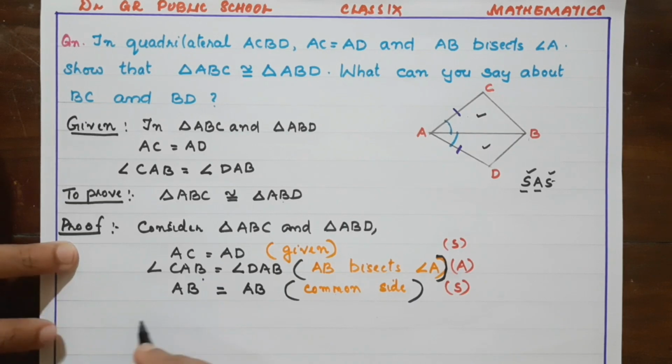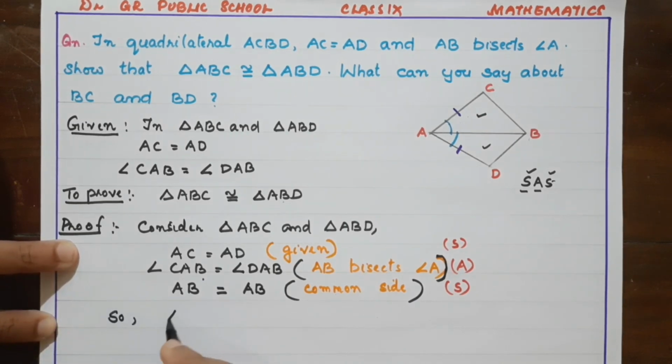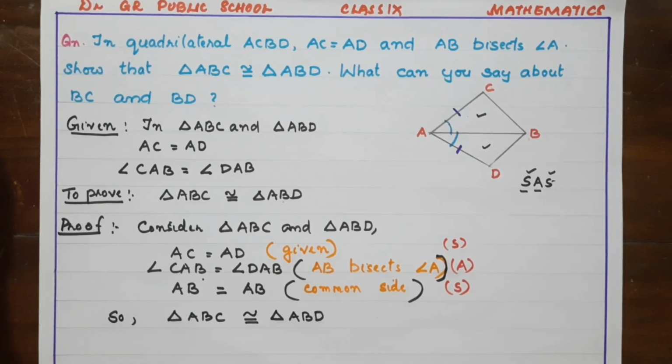So we can write triangle ABC congruent to triangle ABD. By what reason? By SAS congruence rule. You have to write the reason for each and every step.